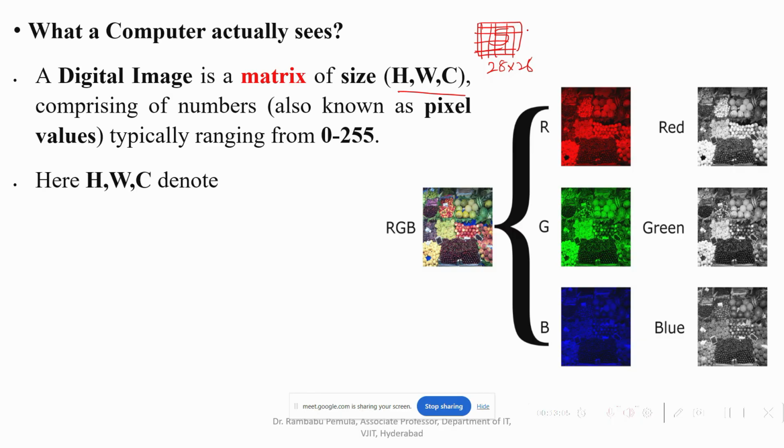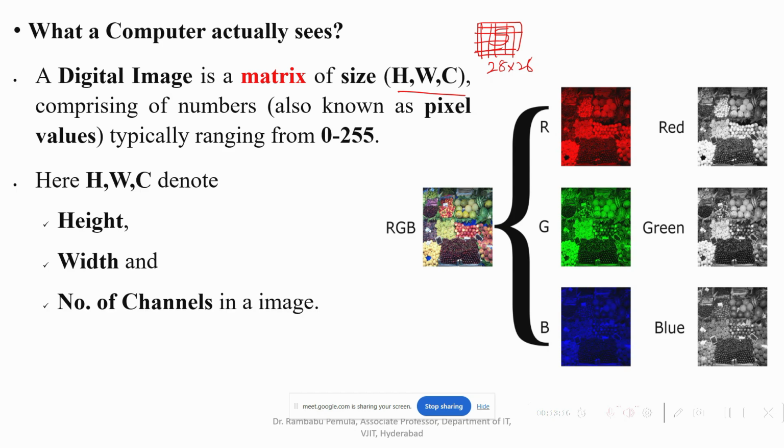Now, what is the meaning of HWC? H is nothing but height, W is nothing but width, and C is nothing but the number of channels. So for example, an RGB image is simply a color image. In this color image, there are three channels. What are the three channels? Red, green, blue.